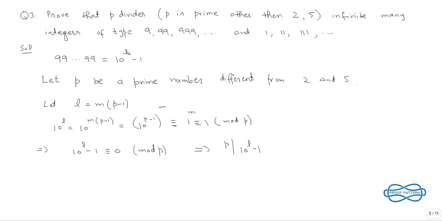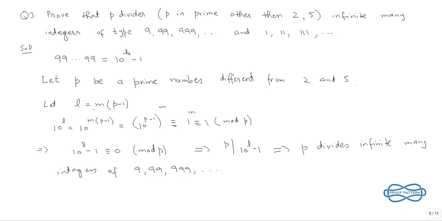So this shows that p divides infinitely many integers of type 9, 99, 999 and so on.